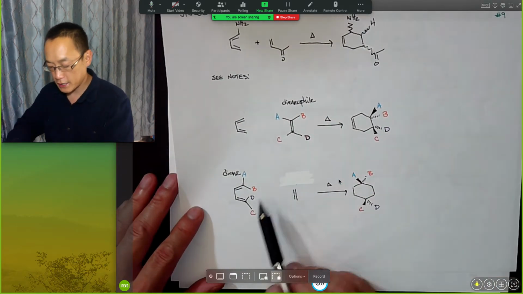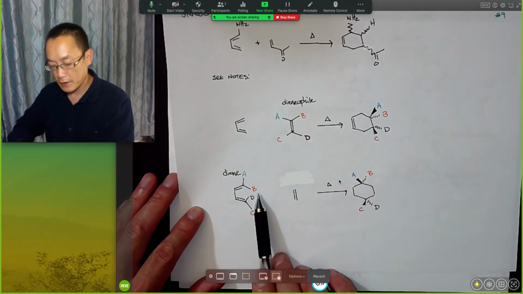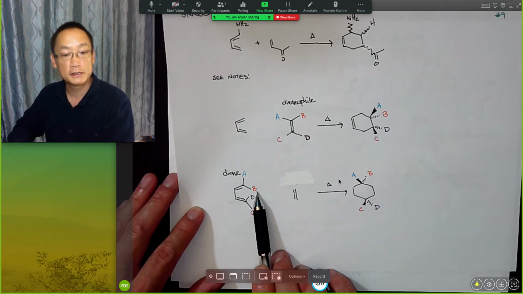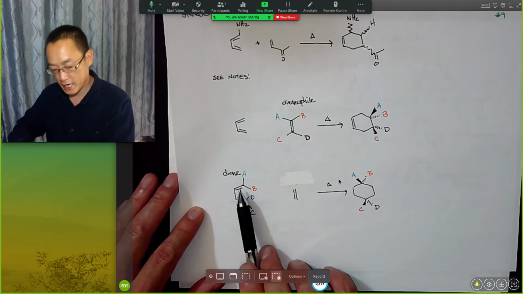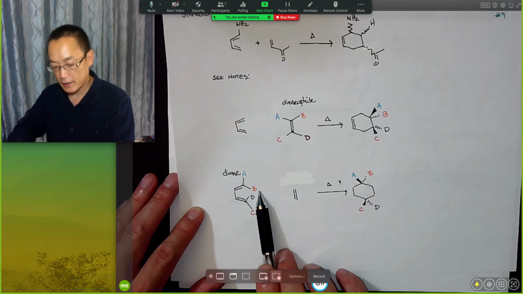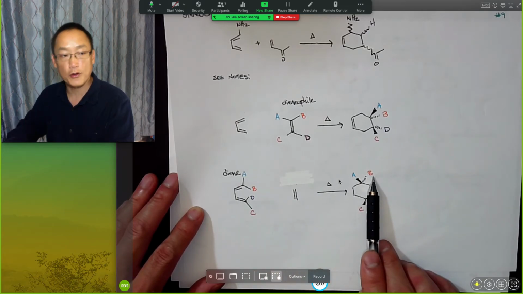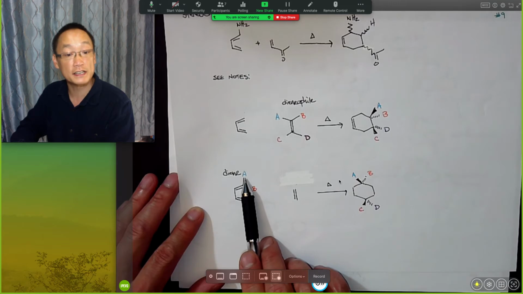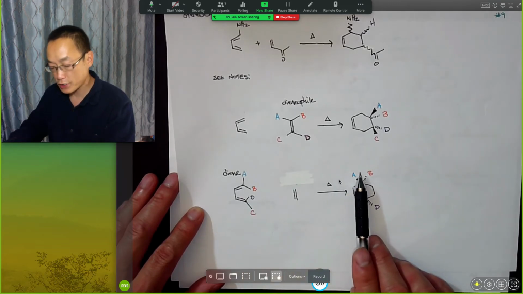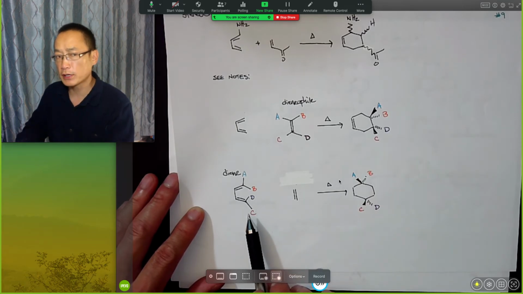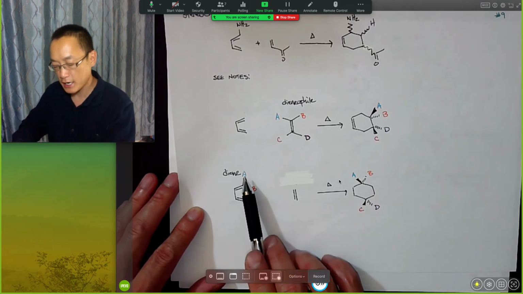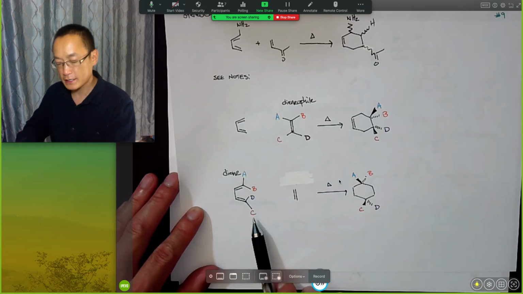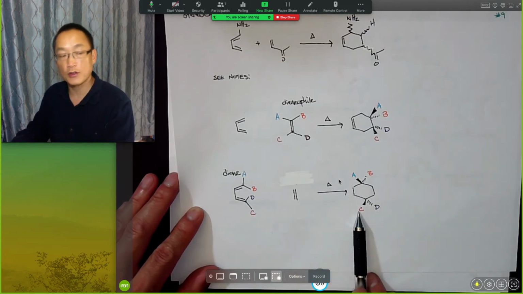Hey, notice that if I'm on the inside B right here of this diene, then I appear on the dash over here. And if I'm the outward facing substituent A, then I'm going to appear on the wedge. Almost more importantly than that is acknowledging that, hey, if I'm on the outsides, I'm always going to be on the wedges.